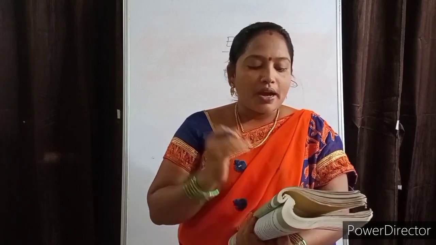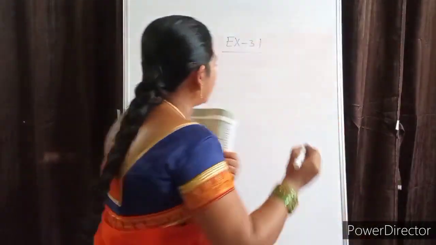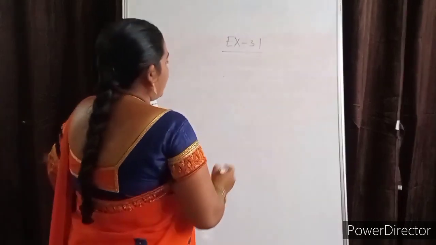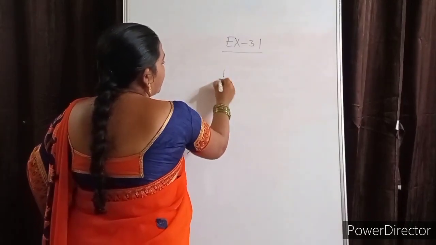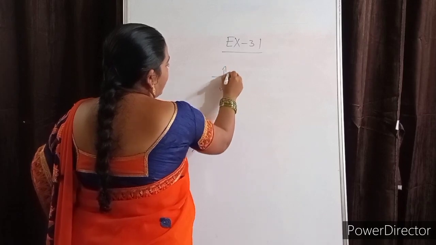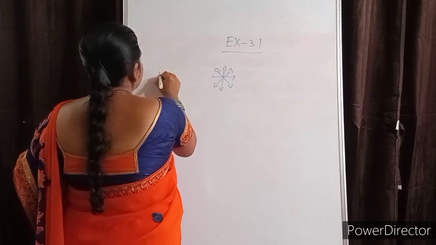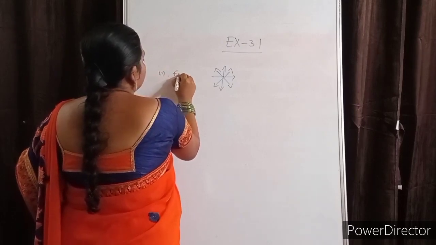Infinite lines can pass through a given point. So the first one is false.